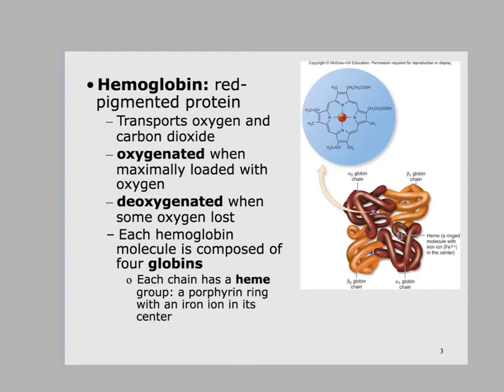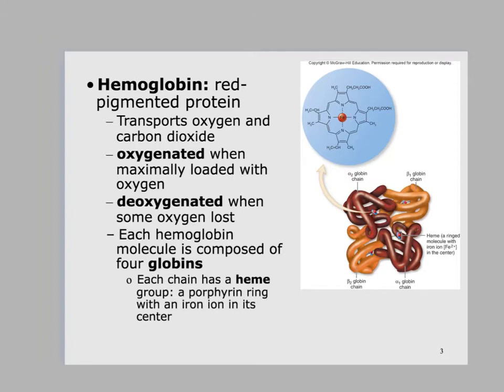The role of hemoglobin is that its most significant role is to transport what? Oxygen. Okay? People are starting to get actively involved. We're going to get all of these people involved. Okay? It will transport oxygen. But it will also transport carbon dioxide. Okay?